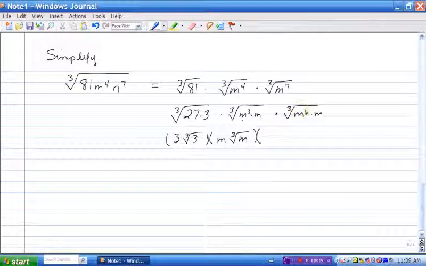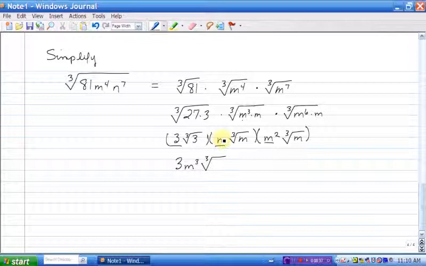So I'm going to go ahead and multiply the coefficient parts, you might want to call them. That's 3m cubed. And then I've got the cube root of 3 times m, and this should be an n, I apologize. I'm left with 3mn under the radical.